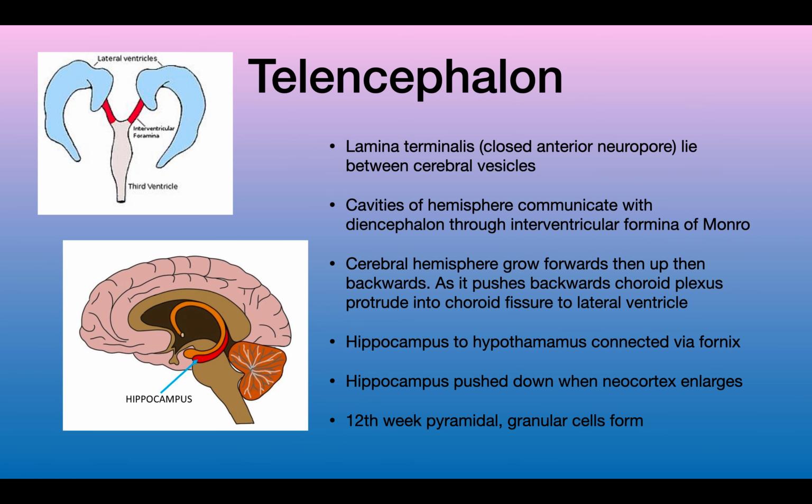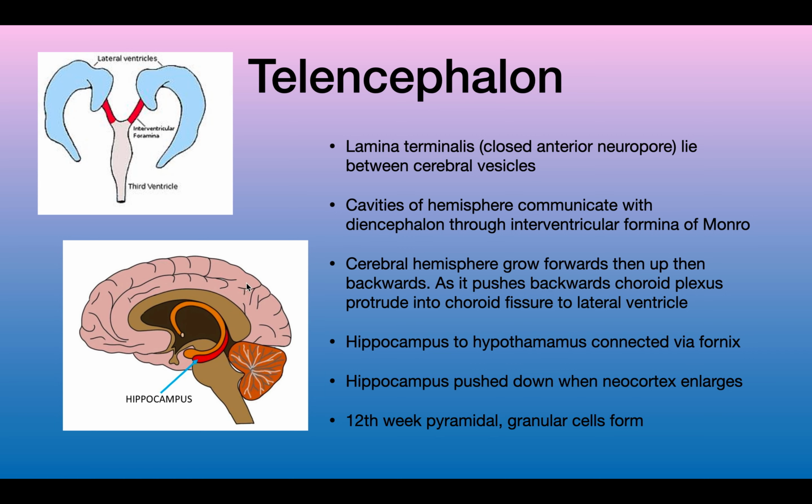The telencephalon is made out of the lamina terminalis, which is going to be the closed anterior neuropore that happens on day 25, and that lies between the cerebral vesicles. And the cavities of the hemisphere communicate with the diencephalon through the interventricular foramina of Monro. The cerebral hemisphere grows forward and then up and then back.